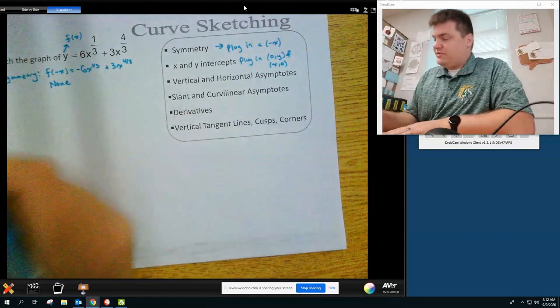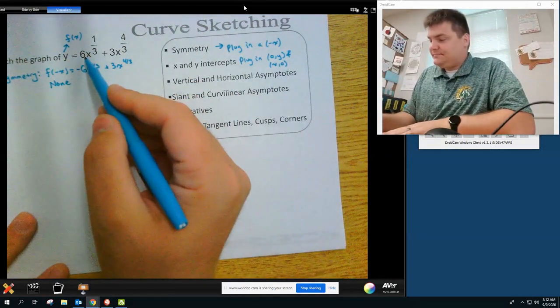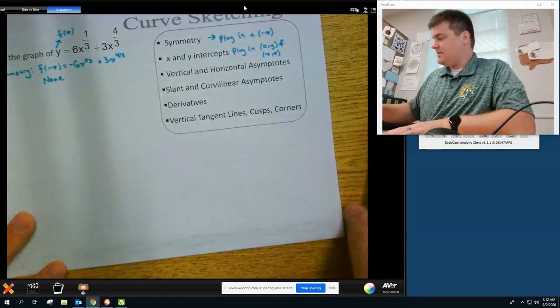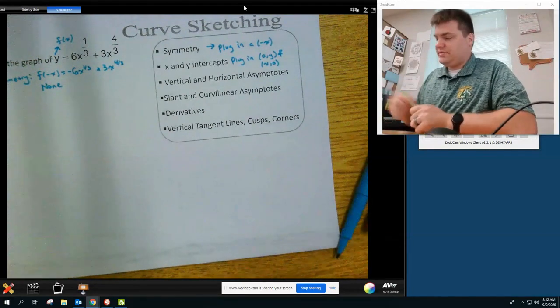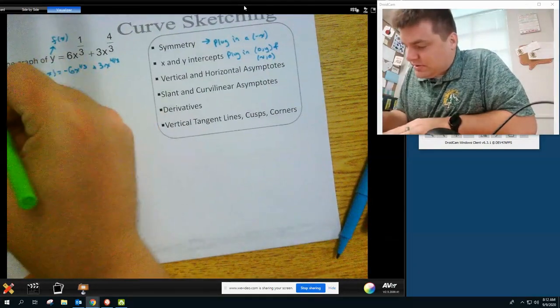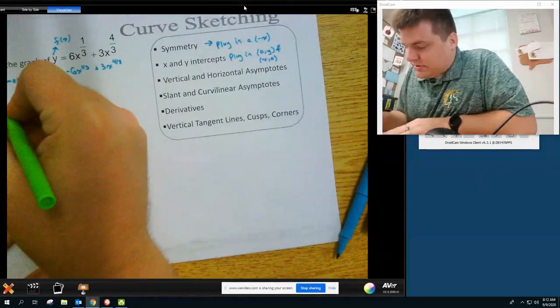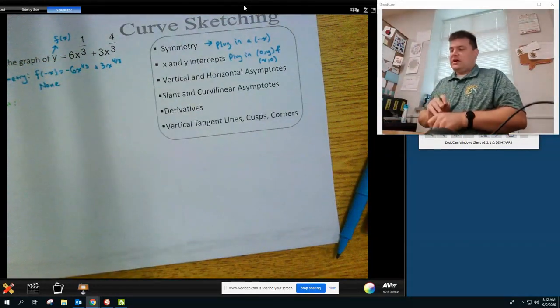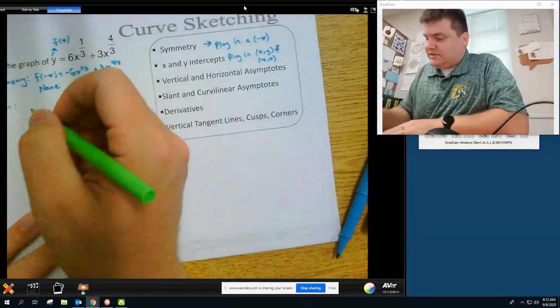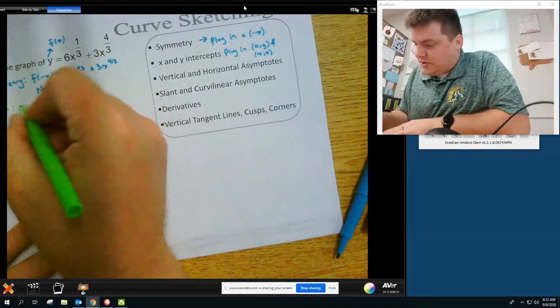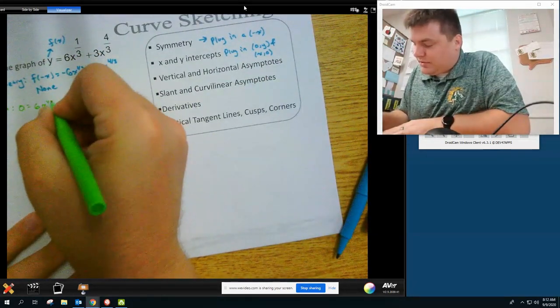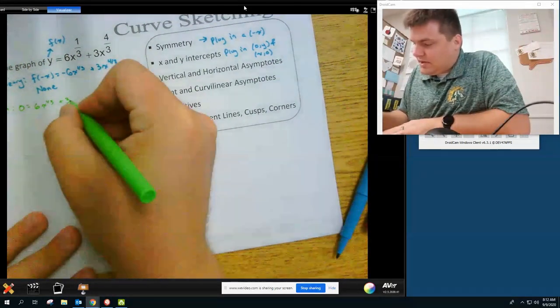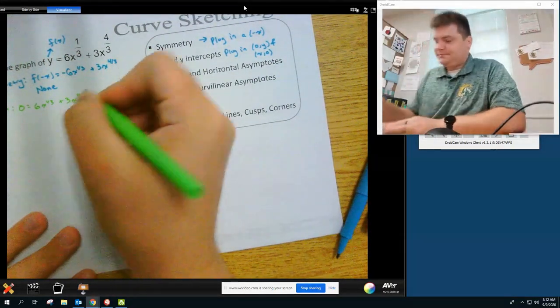So I'll just alternate here a little bit. We'll do the x-intercept first. This is when I plug in a 0 for y. So I'm going to get 0 equals 6x to the 1/3 plus 3x to the 4/3.